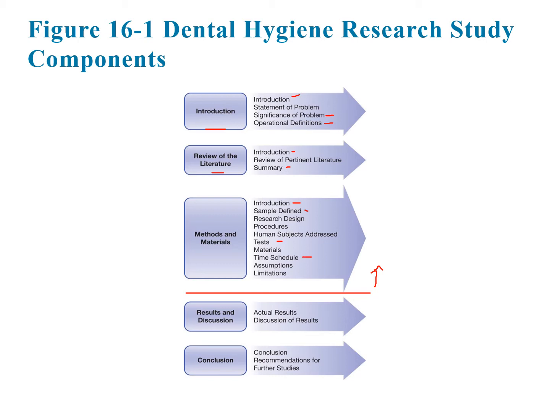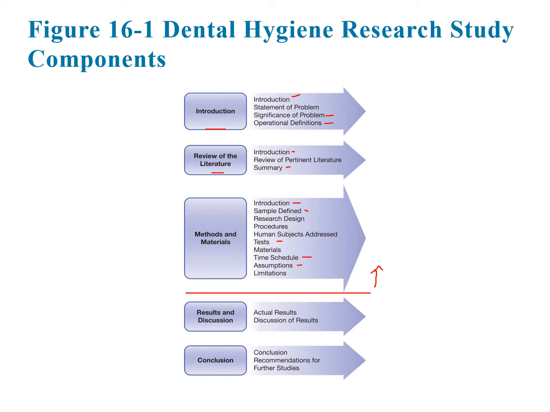So how long your study is going to be conducted over, is it just one point, or is it a longitudinal kind of study? Any assumptions that you're making. Sometimes in research you have to make certain assumptions: if you have participants and they say they flossed once a day with the method of flossing that you gave them, then you have to assume that they did what they said they did, right?